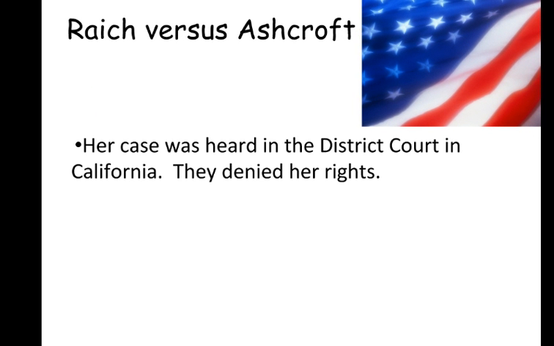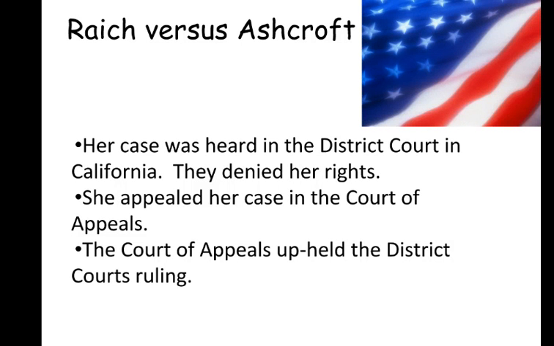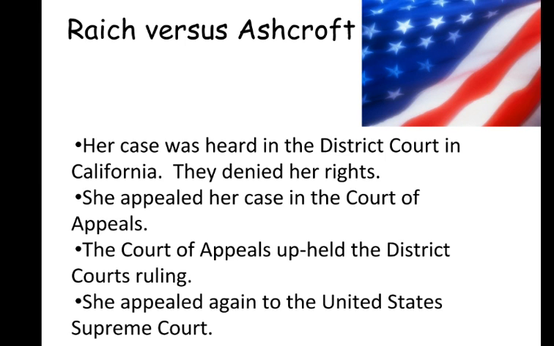Her case was heard in the district court in California, where they upheld that the officers had the right to do so, and they denied her rights to have such plants in her house. She appealed her case to the Court of Appeals, and the Court of Appeals upheld the district court ruling. So she then furthered her case and took it to the United States Supreme Court.